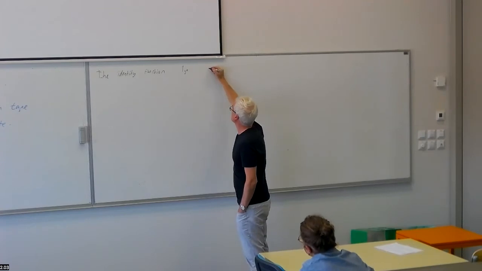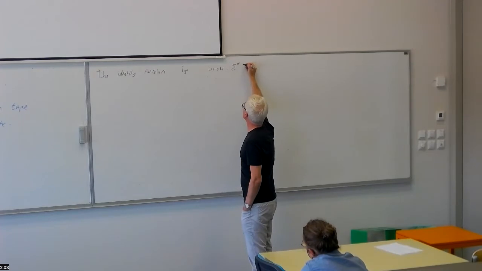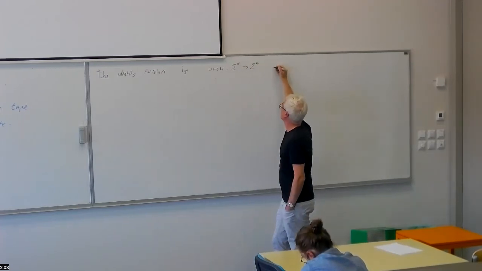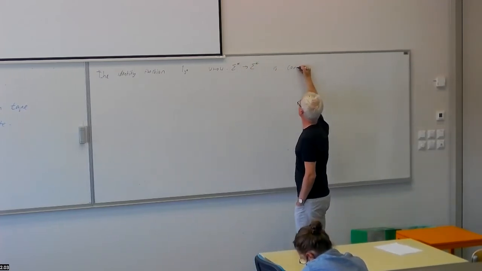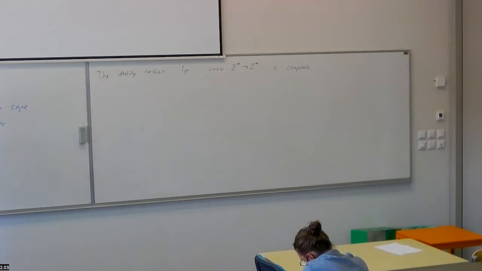So this is the function that takes a word and maps it to itself, sigma star to sigma star. This is computable. Of course it is. The Turing machine doesn't do anything, it just goes into the accept state.